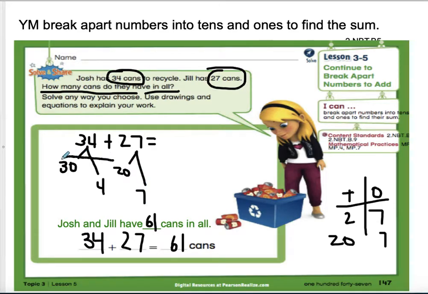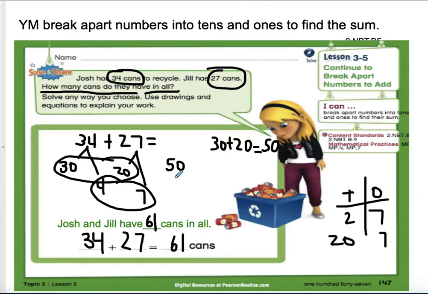Now I could add my 10s together. And I know 20 plus 30 equals 50. I'll just show you over here again. And now I could add the 1s. 4 plus 7 equals 11.